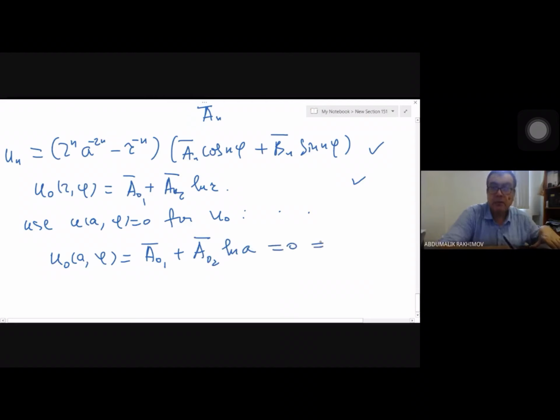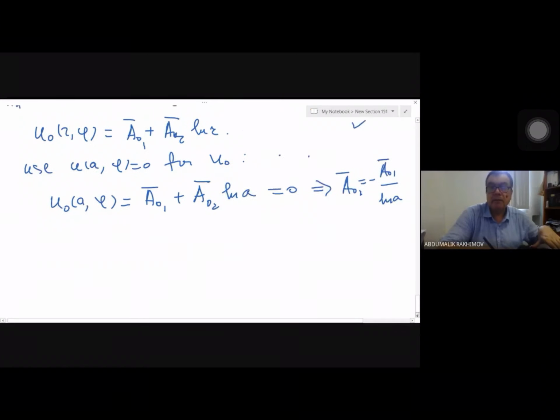So from this you can find that a02 bar is equal to minus a01 over ln a.